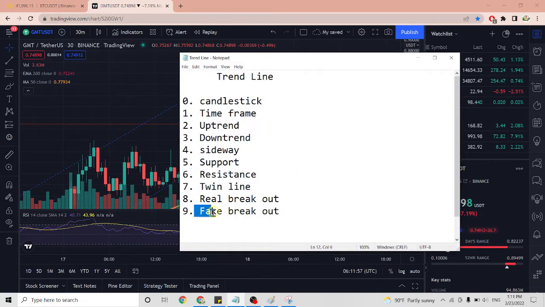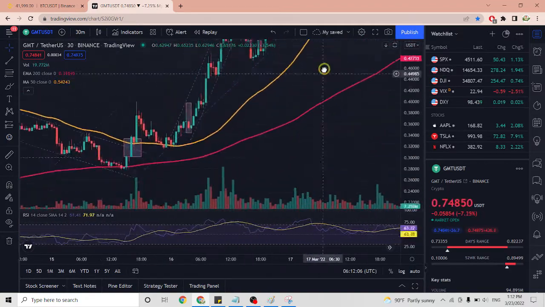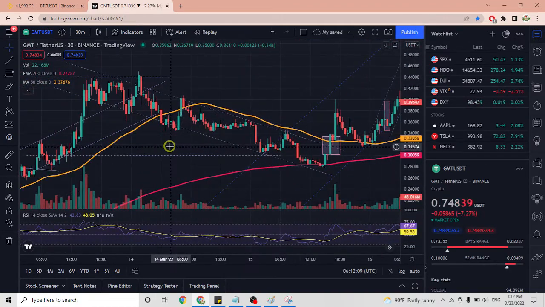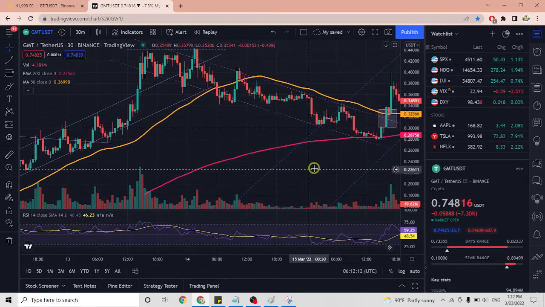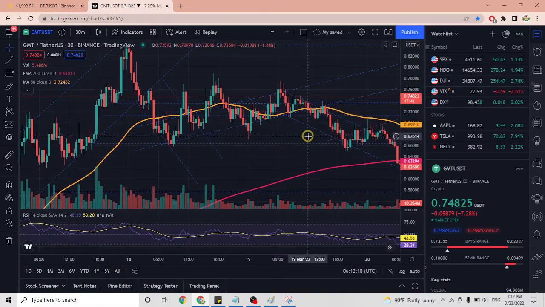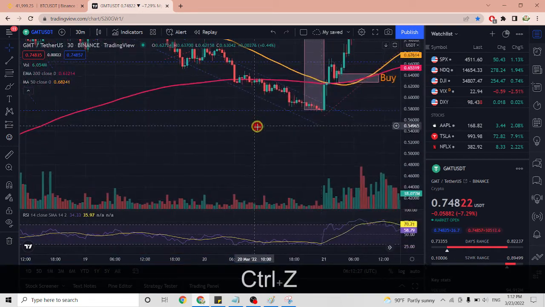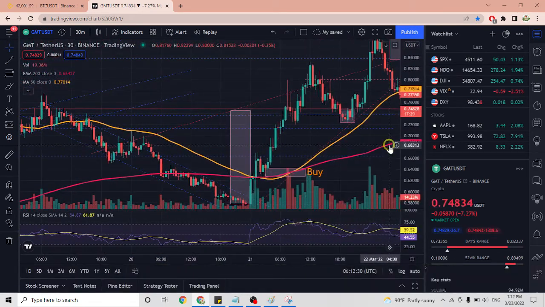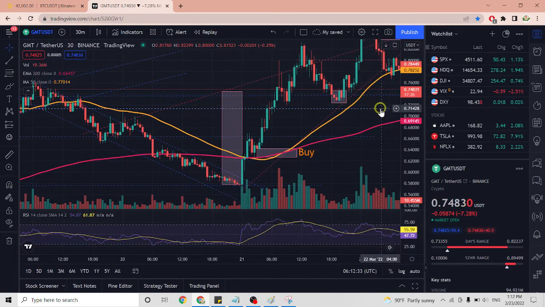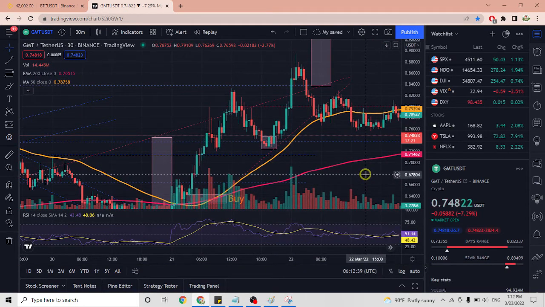And the last one, what is fake breakout? Fake breakout. Let me show you an example.